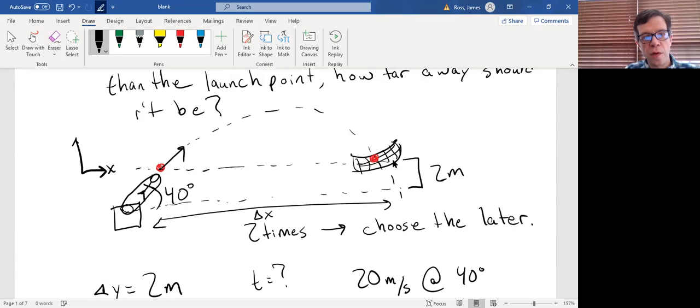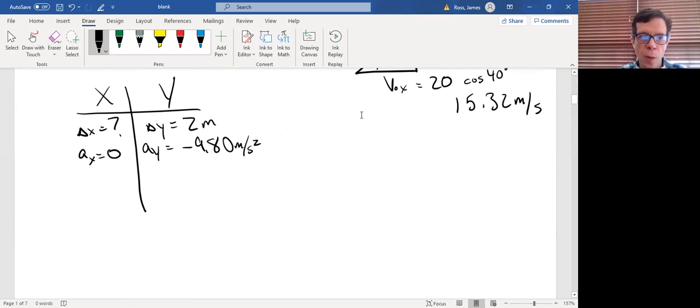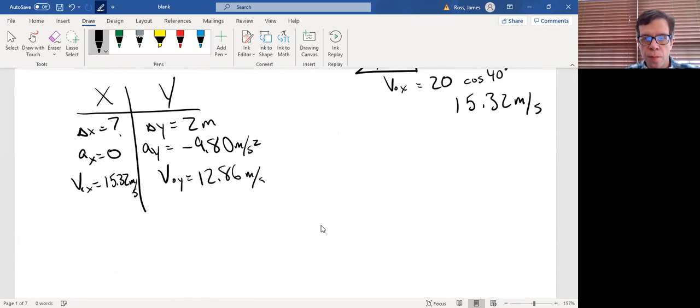Let's be explicit about that. All right. And what else do we know? We know our v naught, right? v naught x is 15.32, and v naught y was 12.86. All right, and that looks like all of our information.